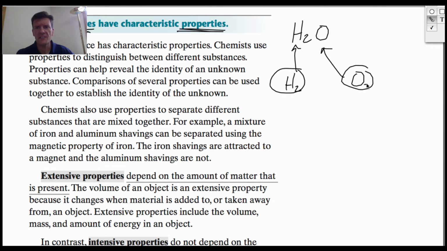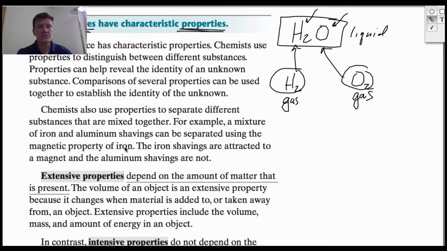By itself, actually, they travel in pairs. It's called diatomic. But if we get them to combine in the right ratio, 2 hydrogens to 1 oxygen, it forms water, which is a liquid at room temperature and has very different properties than the elements that compose it. That's pretty remarkable.